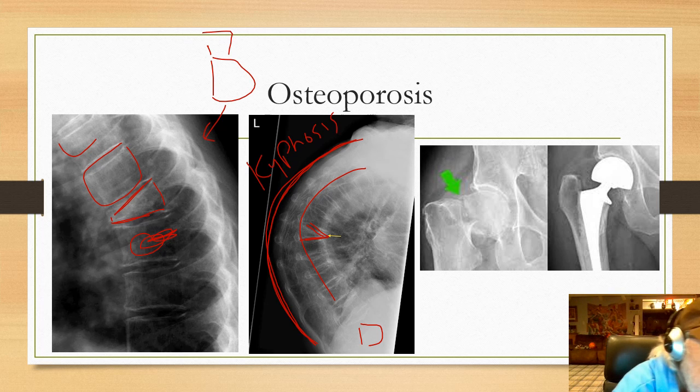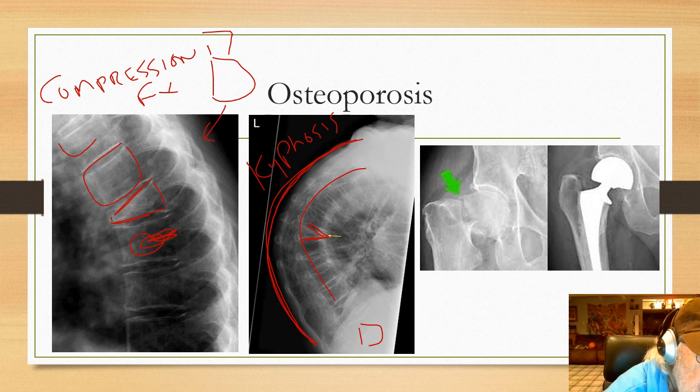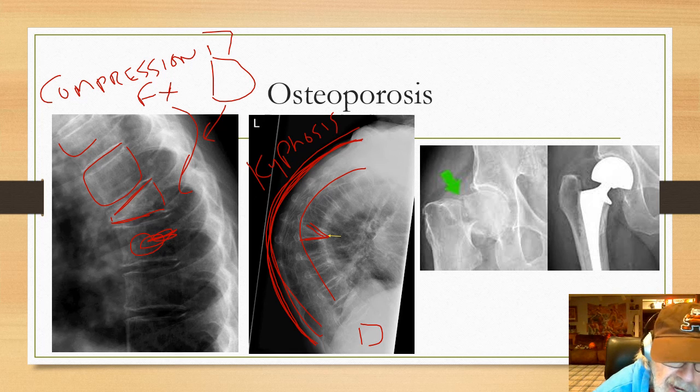These are called compression fractures. FX would be a good abbreviation for fracture, as a compression fracture. And it results in this kyphosis. Remember, kyphosis is that big hump that we see in the back. Lordosis is where we get an exaggerated lumbar curve, and then scoliosis is that side to side. But this is that kyphosis, which is in the thoracic region.